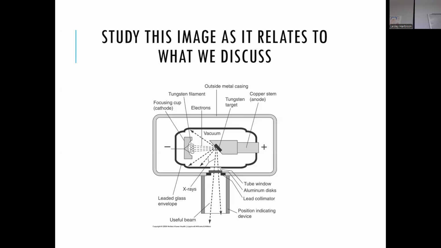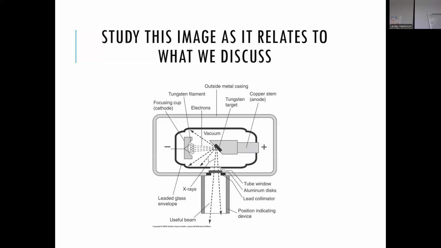Now, just for your further knowledge, so you get a better understanding of what you're moving around in that room, that little glass tube we're describing sits inside a bigger metal box, and it's packed full of oil.